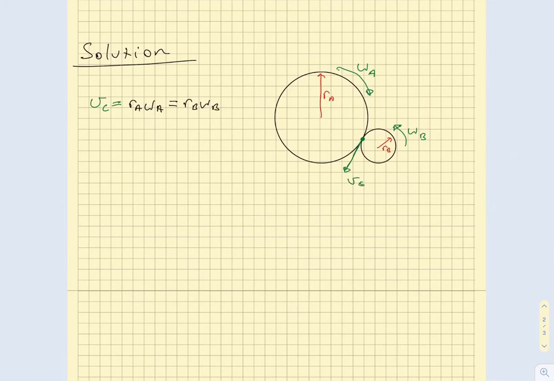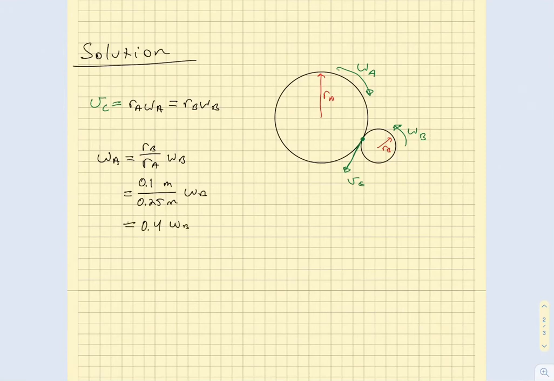We can define that if we know the radius R_A and the radius R_B, and both of those are given. So my velocity c should be equal to R_A omega_A, and this should also be equal to R_B omega_B.